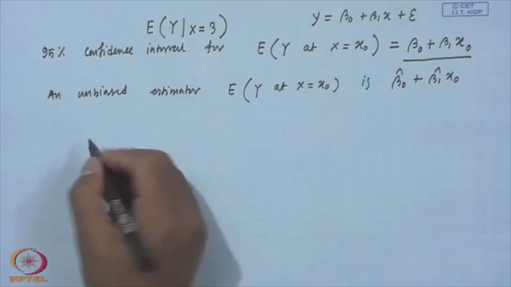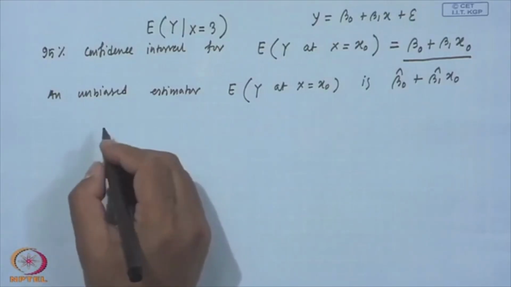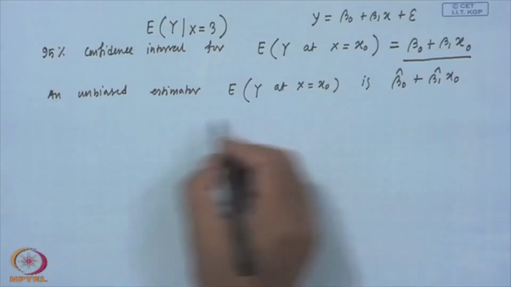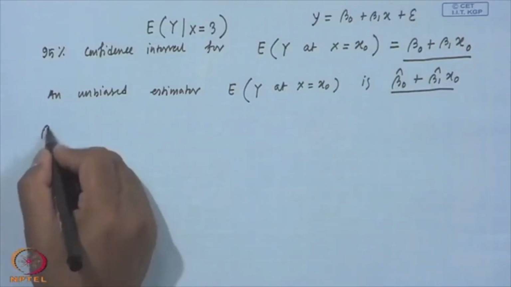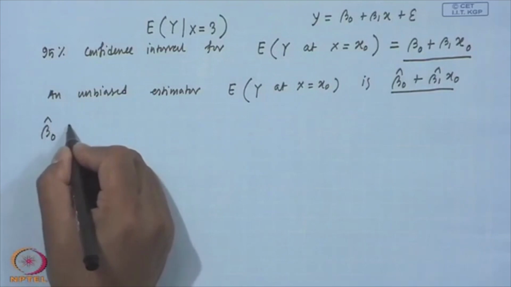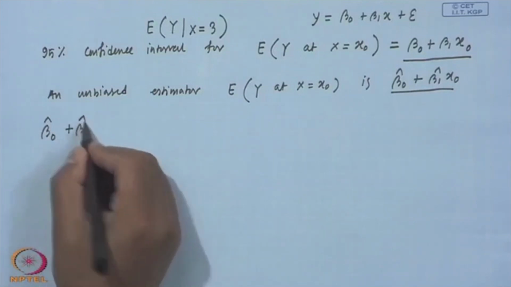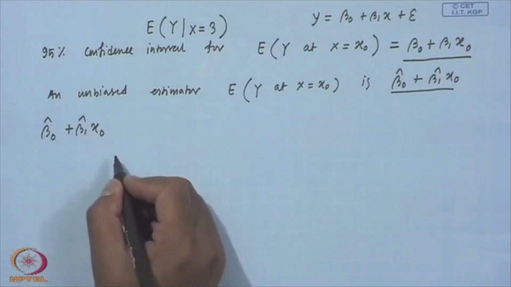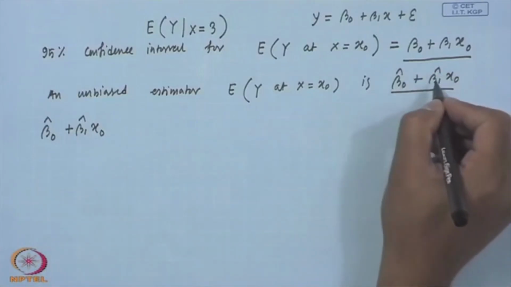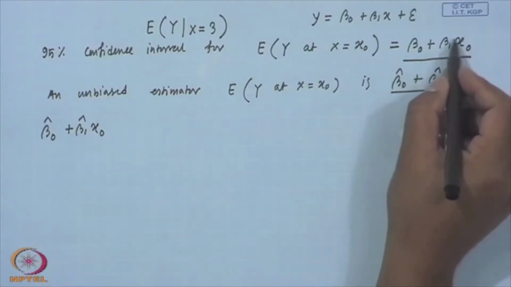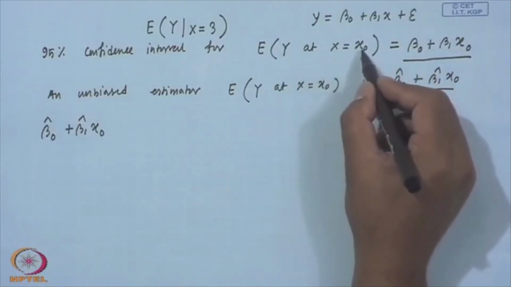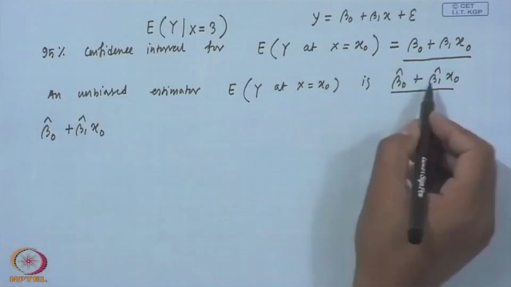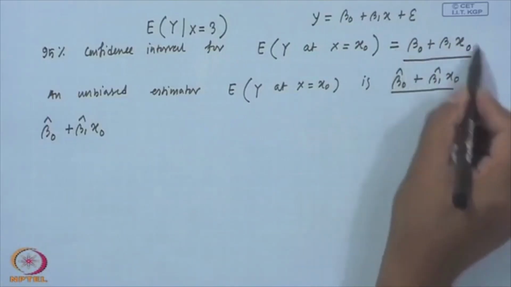Okay. So, the unbiased estimator beta naught hat plus beta 1 hat x naught is a point estimator for the expected mean at x equal to x naught, and we are looking for a confidence interval for this one.